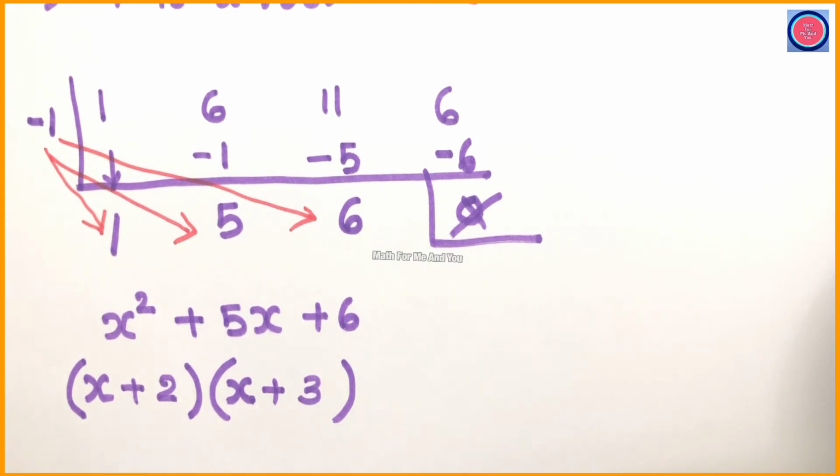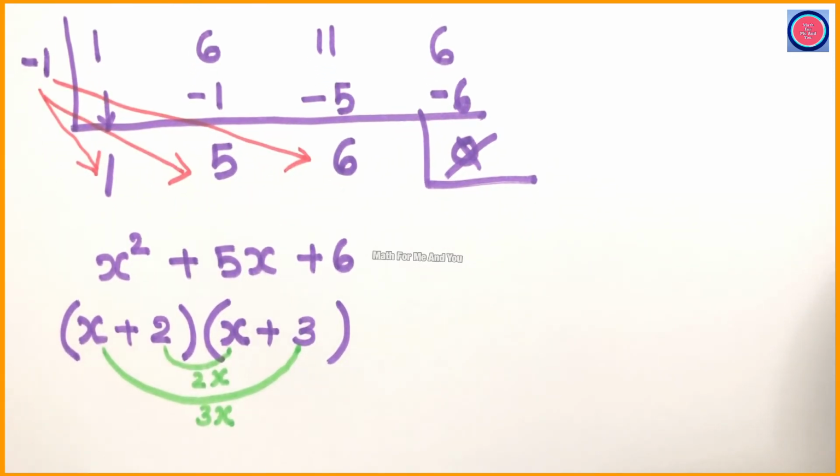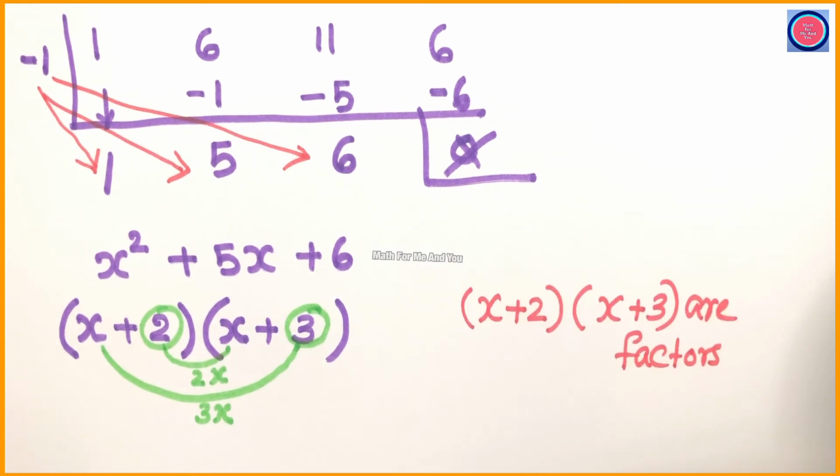And make sure whether the factors are correct or not. Cross multiply the first constant with the second x term and the first x term with the second bracket constant. So the total x term, 2x plus 3x, we are getting 5x. 2 times 3 we get 6. So the factors of the quadratic polynomial are x plus 2 and x plus 3.